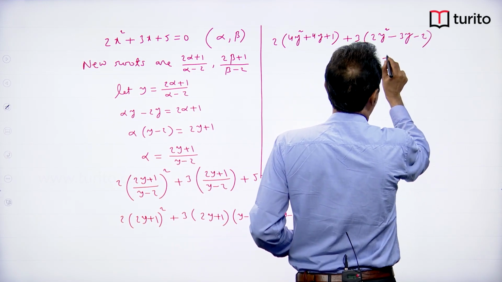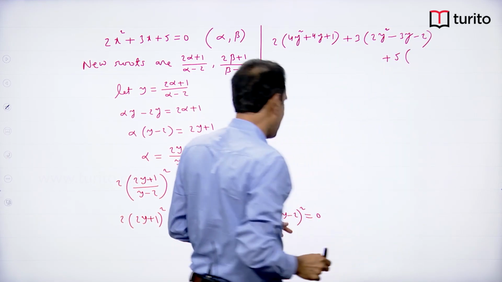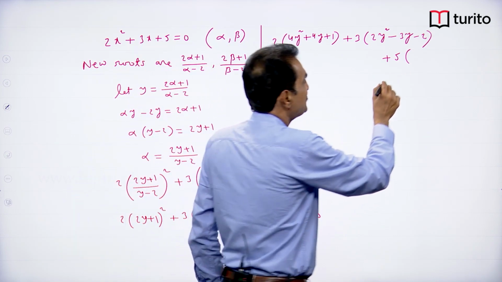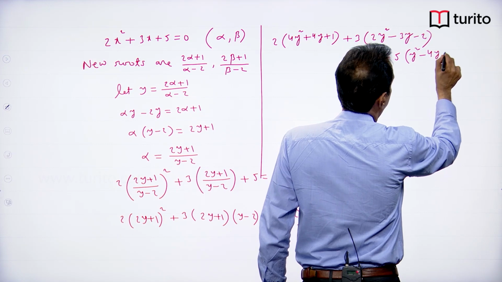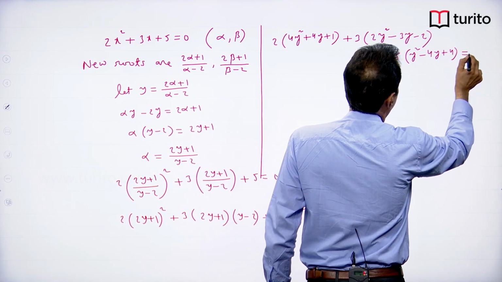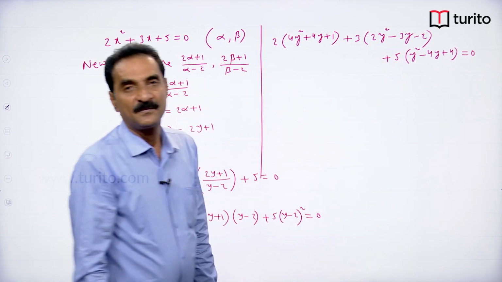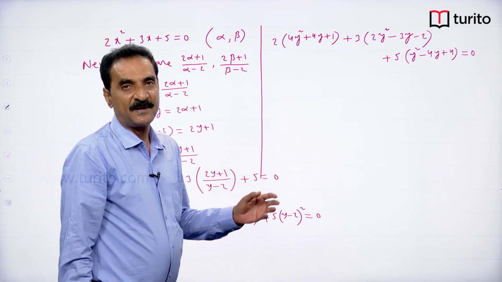Finally, plus 5 into y minus 2 whole square, y square minus 4y plus 4 is equal to 0. Now, I will write the next step directly.